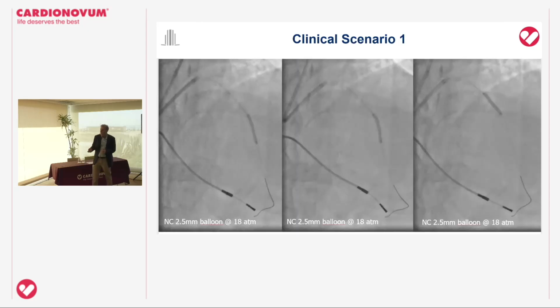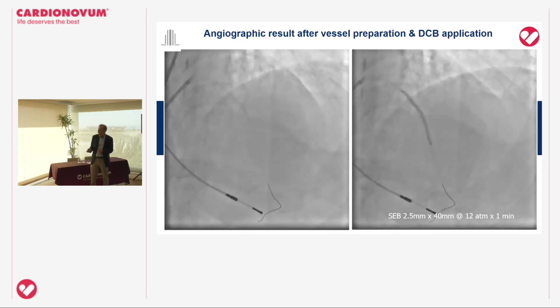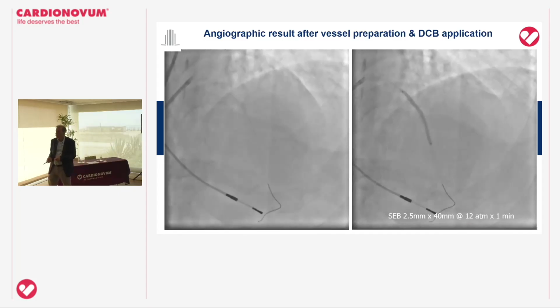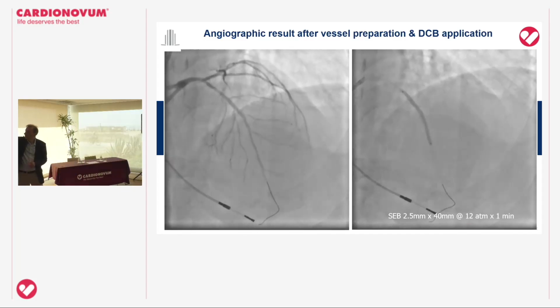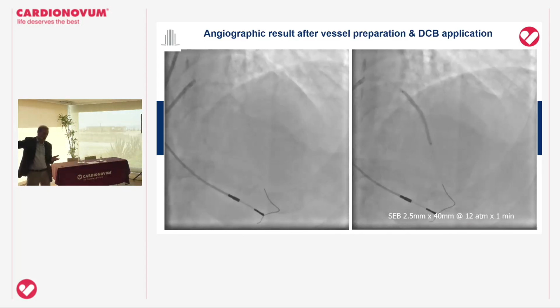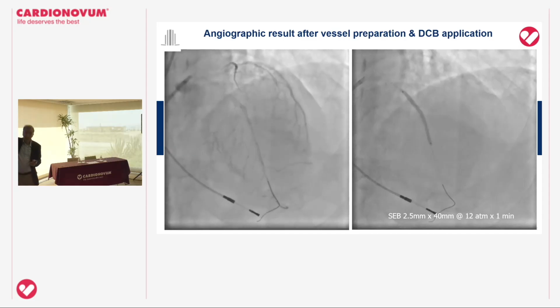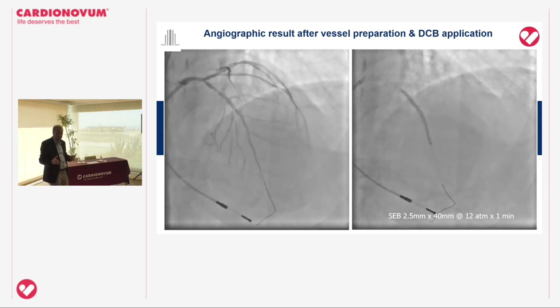Then I kept predilating with a non-compliant balloon and several dilatations, and then I obtained this angiographic result. You see TIMI 3 flow, good, less than 30% diameter stenosis, but let's call it a nice dissection in this mid-segment.